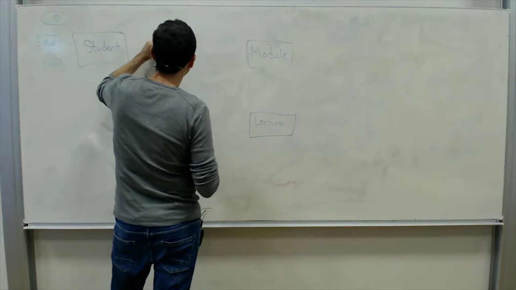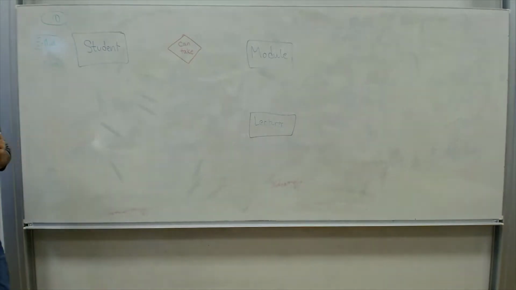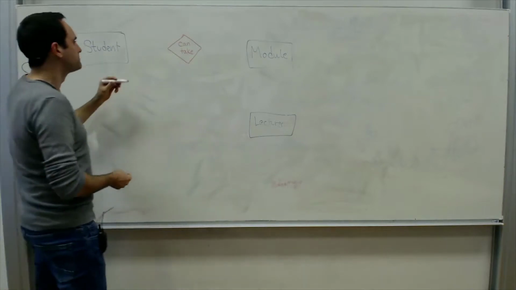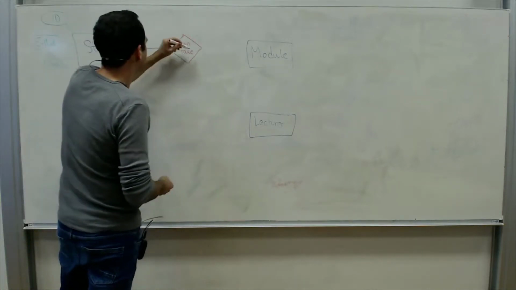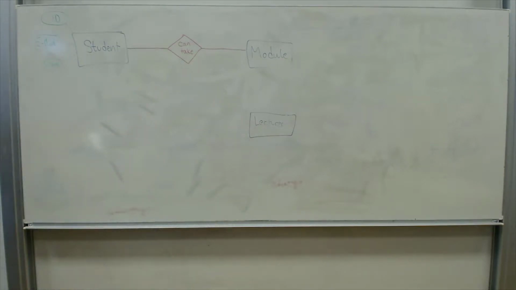And then we put this symbol around it and connect the two. The colors are not necessary. You can do it all in one color, but I'll do it here so we can distinguish the different types more easily, and hopefully it will be visible on the board. So, student can take a module.